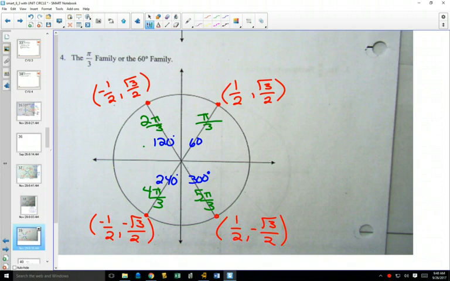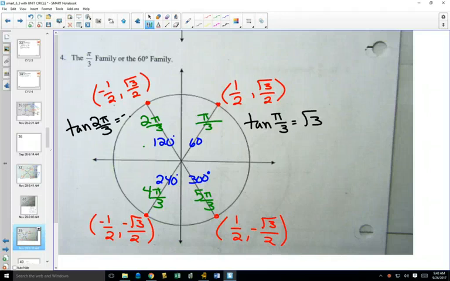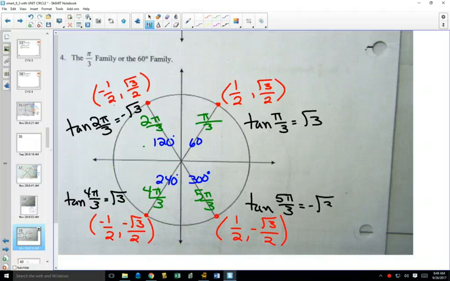And finally, tan. There are all your tan values.